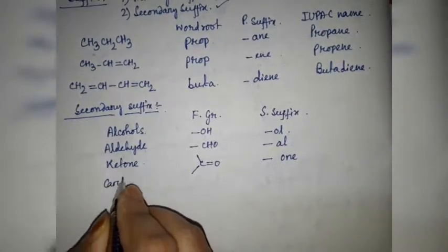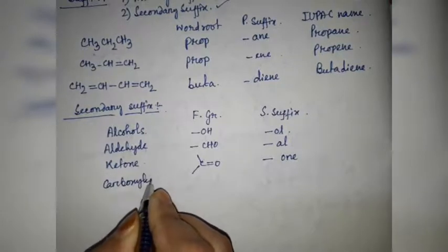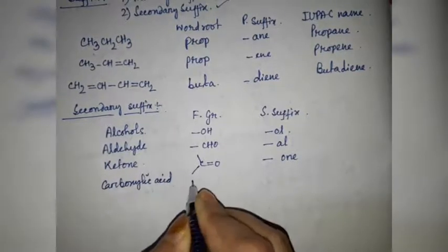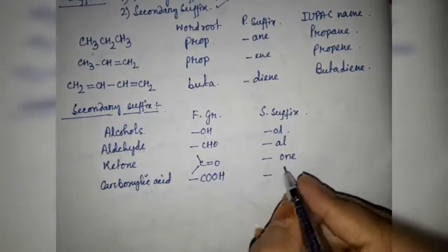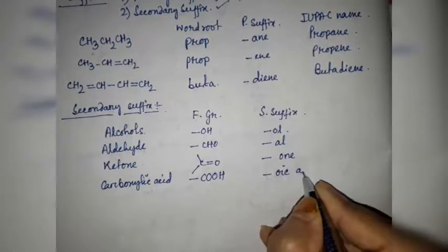If this is carboxylic acid, then the functional group is COOH and the secondary suffix is oic acid.